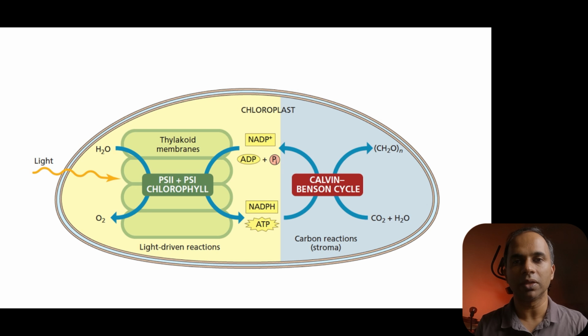If you can remember, they produce NADPH and ATP. This NADPH and ATP will provide input for our carbon reaction, which is happening in the stroma, and as a result it is going to produce carbohydrates using carbon dioxide and water. Okay, in very simple terms.